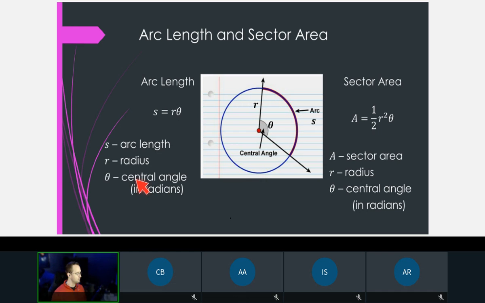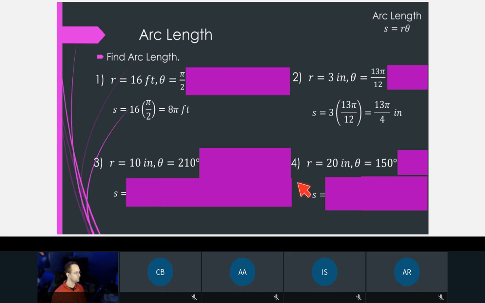So again, your angle must be in radians, not degrees. So if you got tricked by this, gotcha, and you probably won't make that mistake again, which is good. I think it's important to learn from your mistakes.